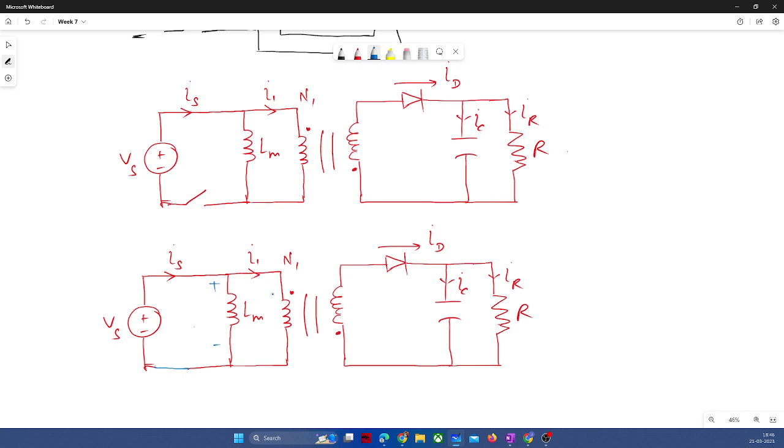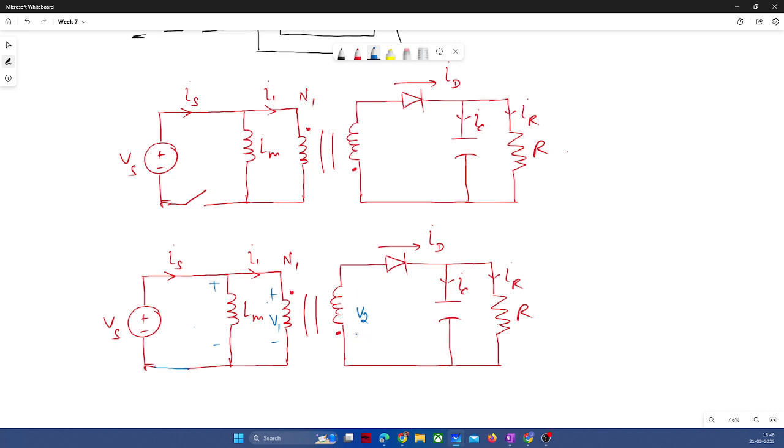here across V1, let me denote it as V2. Since we have reversed the polarity, we should treat it according to polarity, right?